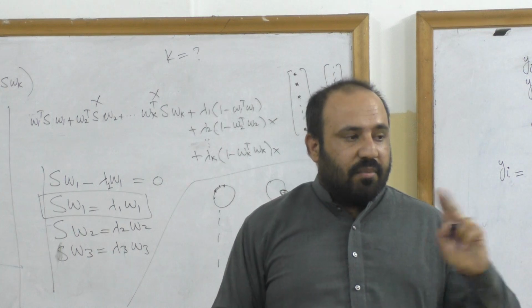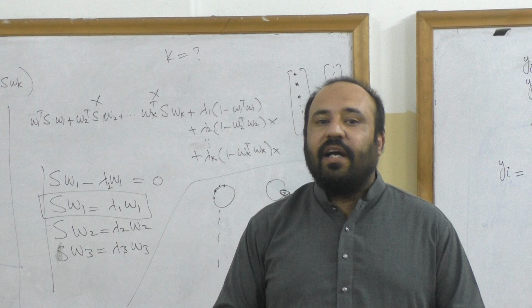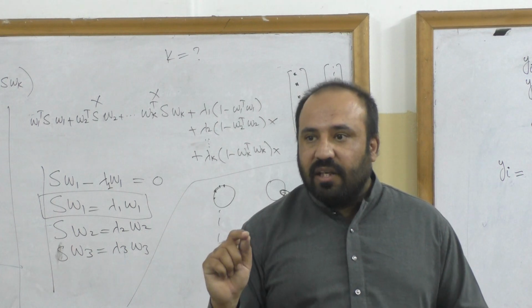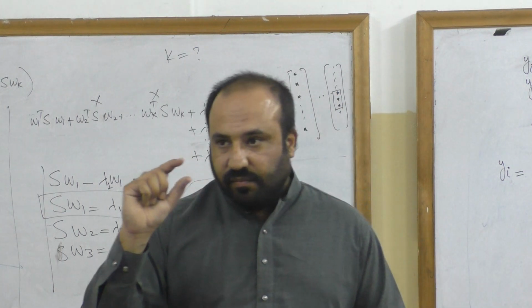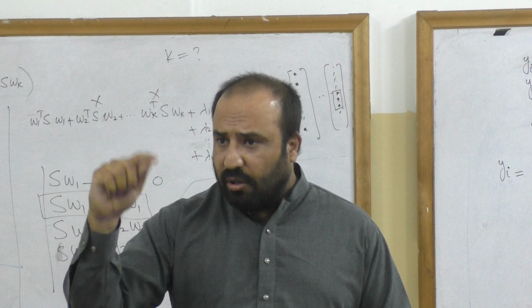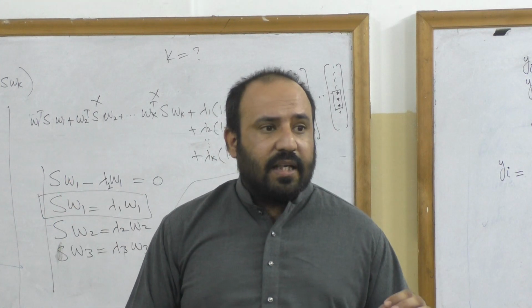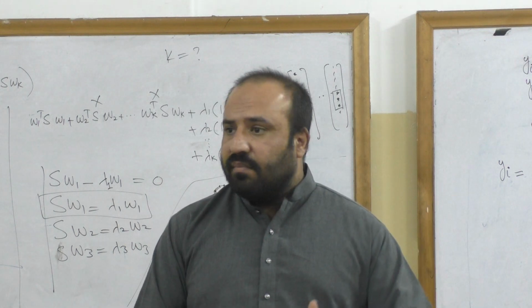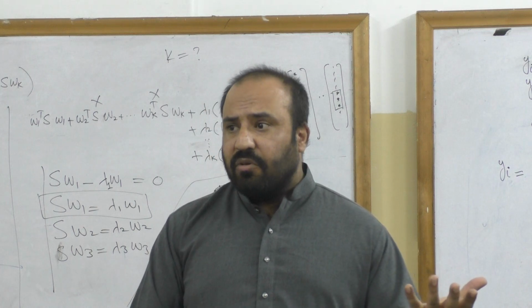Number two, is it possible that some of the eigenvalues become negative? Remember, the eigenvalue represents the variation or the variance. Because if you come up with a matrix, you can have some positive eigenvalues, some negative eigenvalues, some zero eigenvalues.